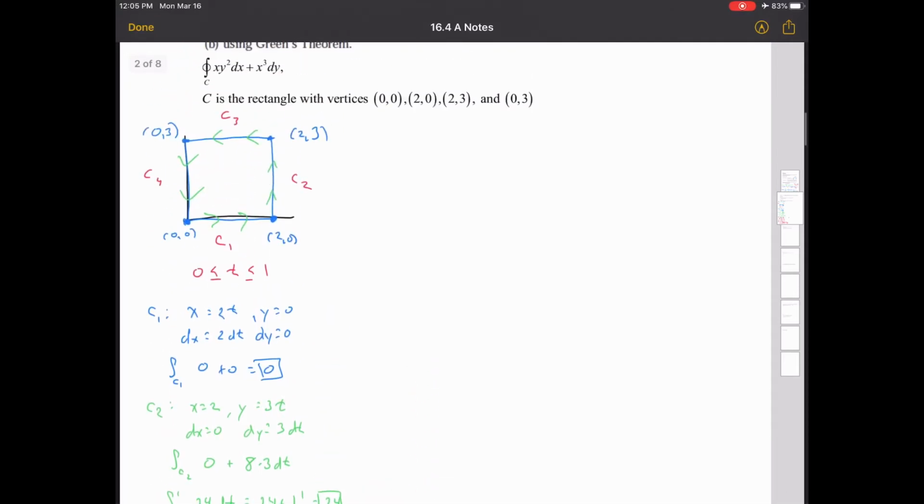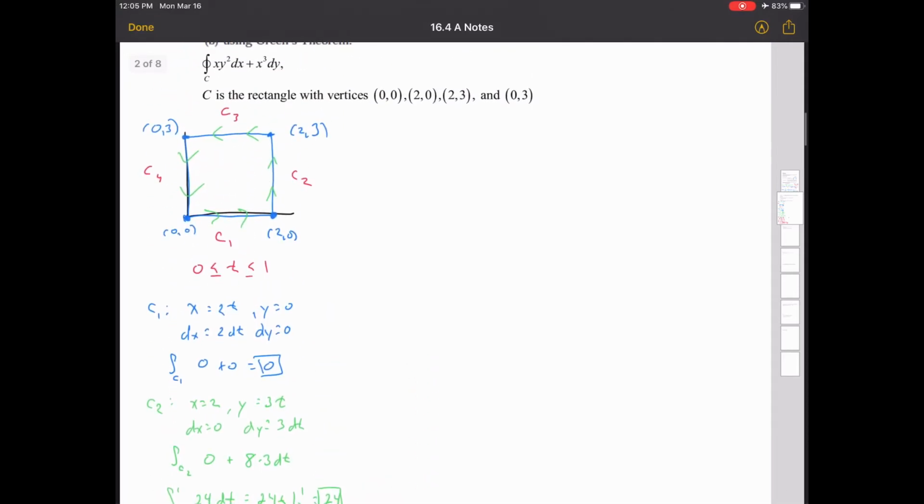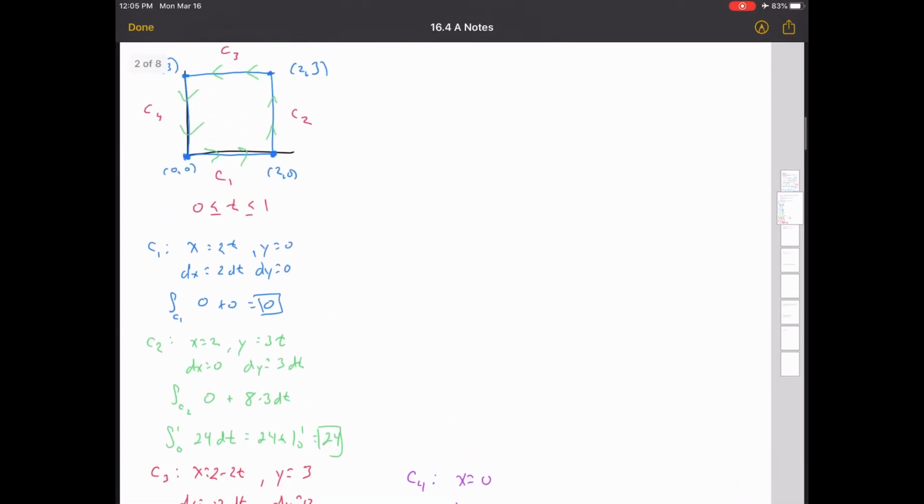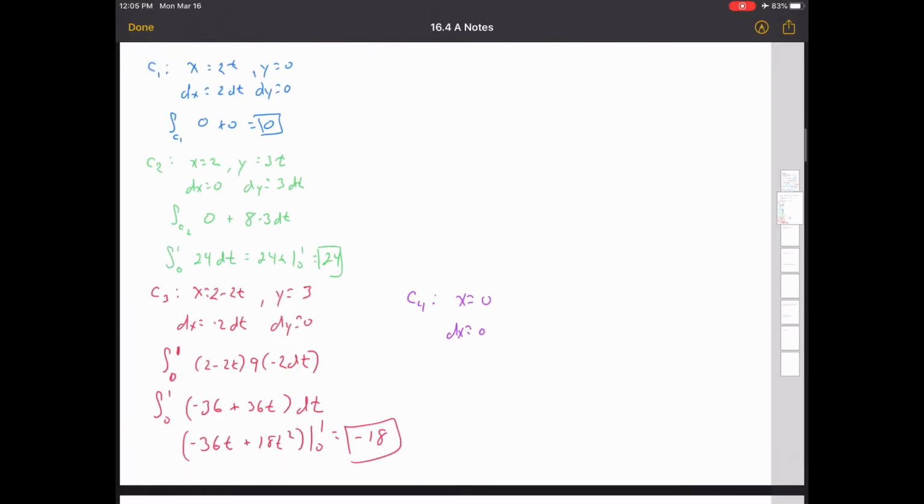So C4 is starting from (0, 3) to (0, 0). So x is going to be constantly 0, which just makes dx 0. But then y is going from 3 to 0, so I have to make sure I didn't make the same mistake I did last time. y is going to start at 3, but then go down 3. So dy is going to be negative 3 dt.